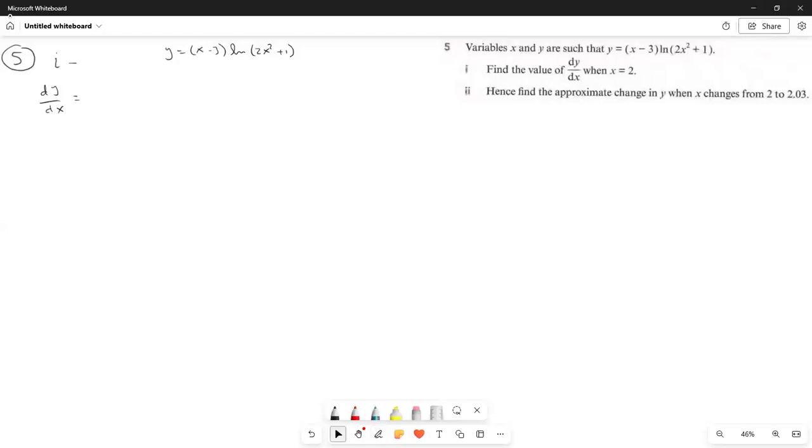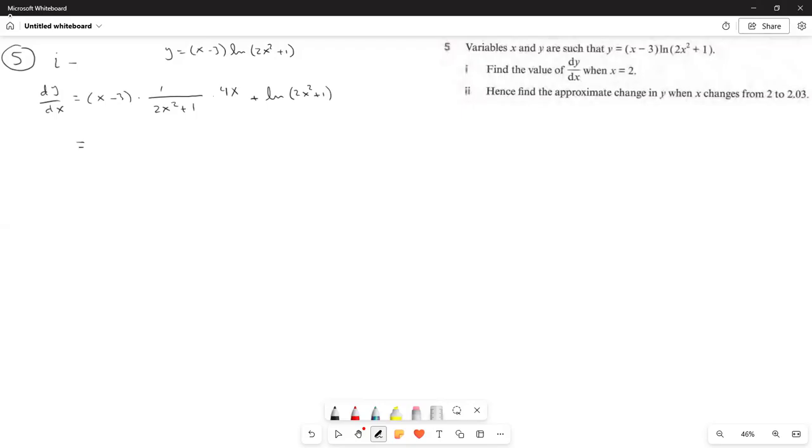So first of all, we will find dy by dx. We will use the product rule. So this is the first function, x minus 3, into the derivative of the second function, log of (2x squared plus 1), which is 4x over this whole thing, 2x squared plus 1, plus the second function, which is log of (2x squared plus 1), into the derivative of the first function, which is just 1.